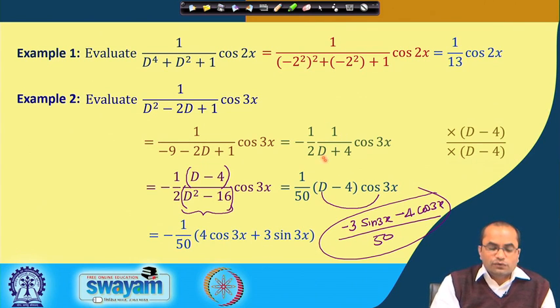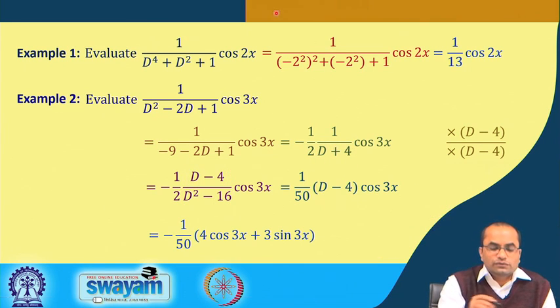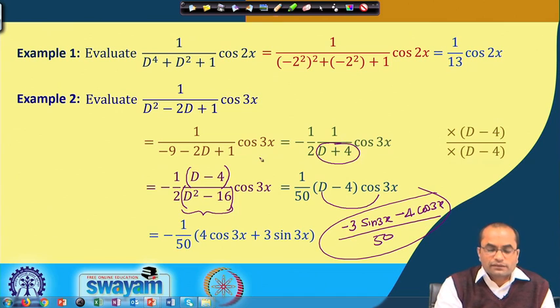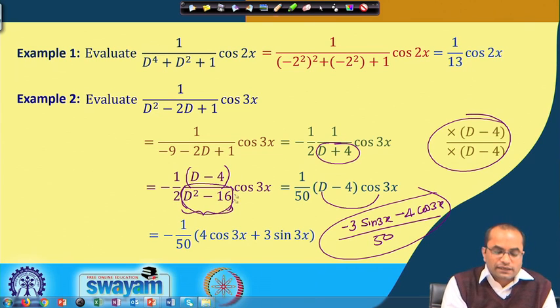So, the trick here was that once we have this d plus 4 in the denominator, then we can apply the conjugate d minus 4 in numerator and denominator, which makes again a d square term in the denominator, meaning d square minus 16, and in the numerator we have the d minus 4 term.